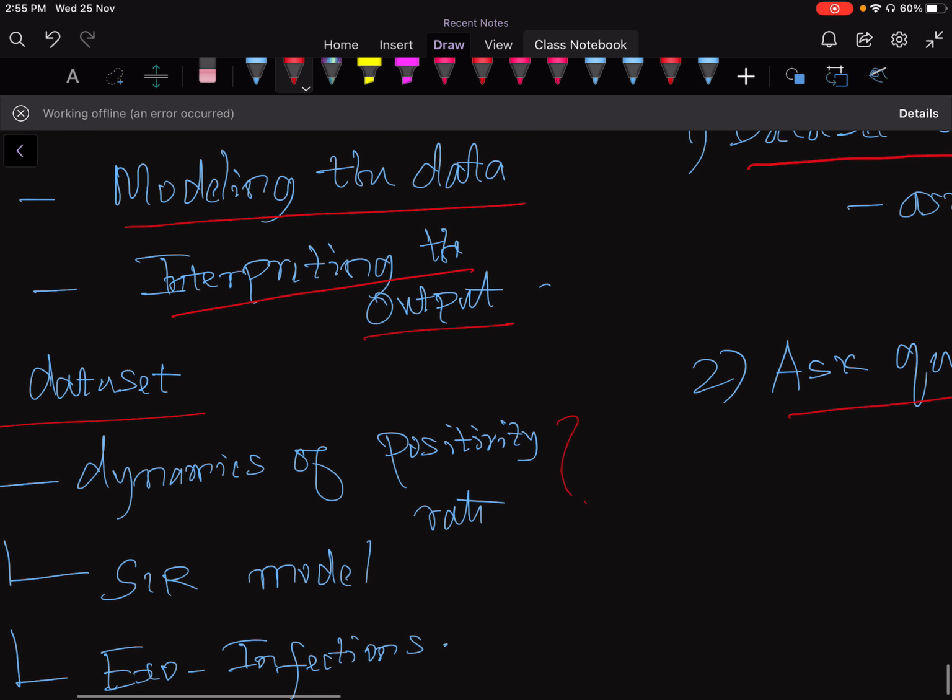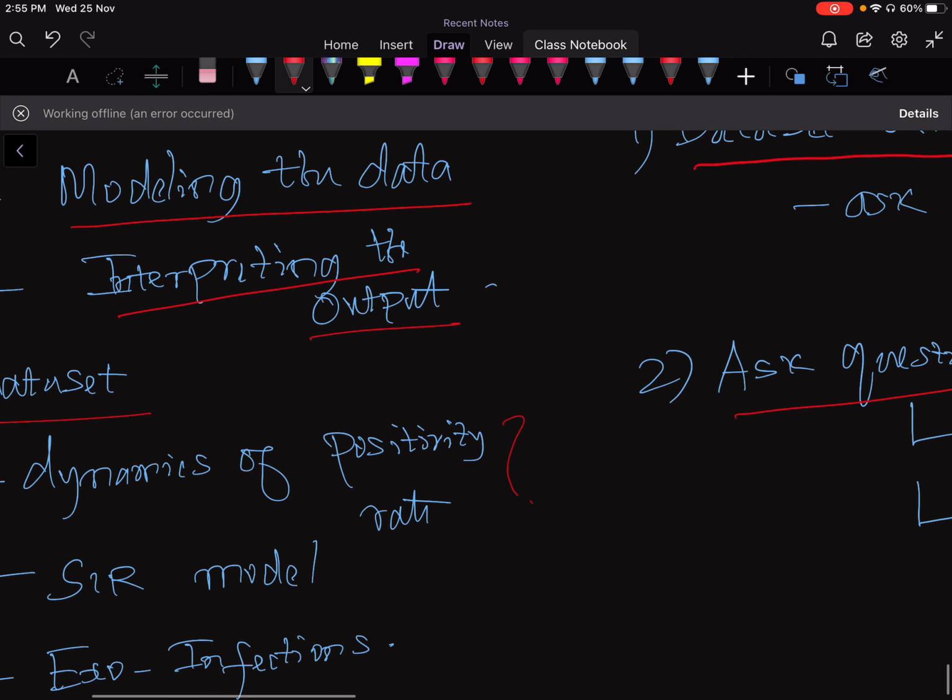What is the dynamics of it? So suppose you want to look at the positivity rate. What are the data relevant to that? If I want to look at the positivity rate, there are two kinds of attributes that you may have to look into. One is the number of tests conducted every day.